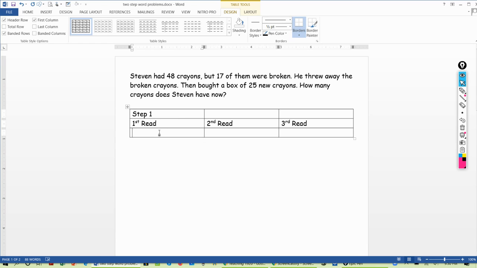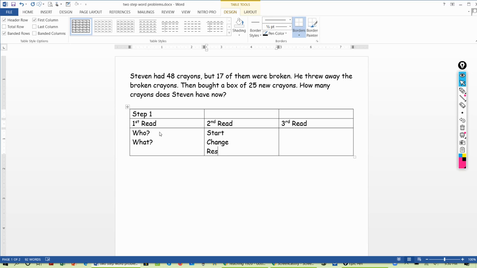Okay, what's happening in the first read? Let's talk about who, what, and in our second read, let's talk about the start, change, and result. And in the third read, we are going to think about the question.